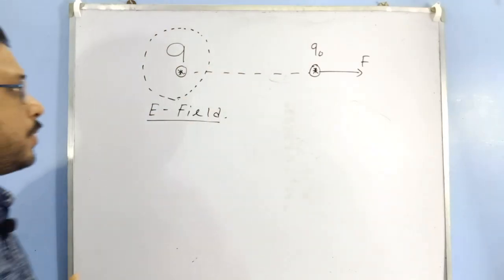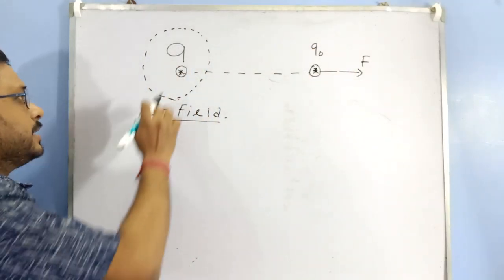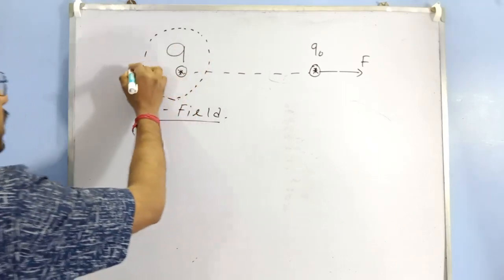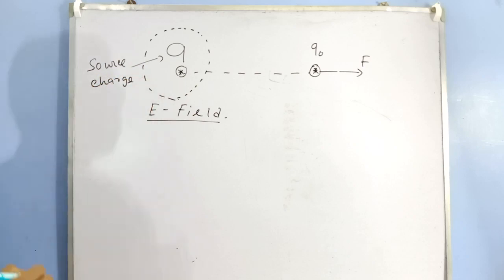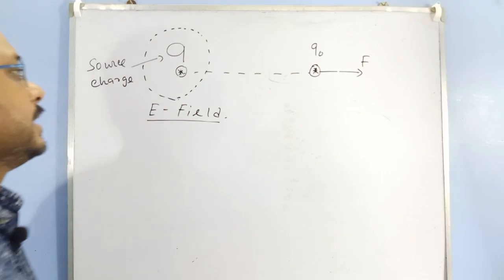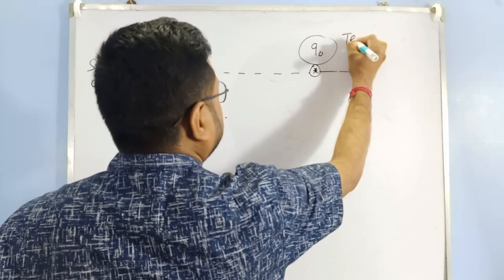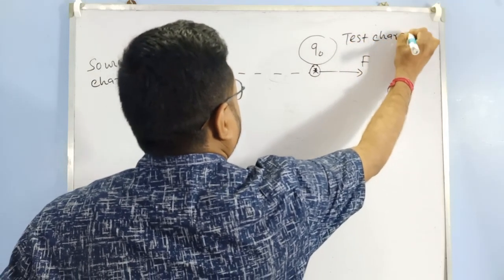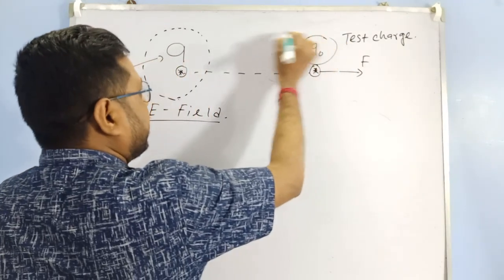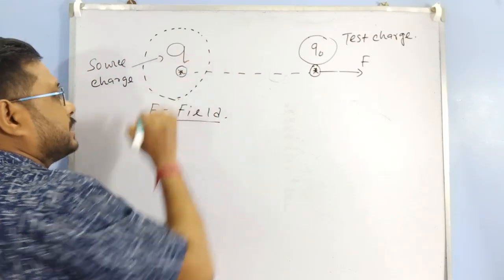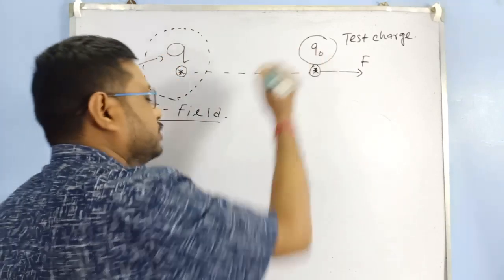Now, what is the value of Q0? If this charge Q, which is called the source charge, produces a field around it and also exerts a force on the charge Q0, which is called the test charge, then it is obvious that Q0 also produces an effect, so that the electric field and the force of Q will be affected by Q0.